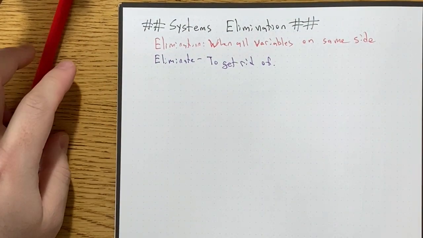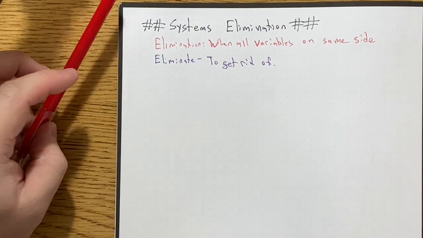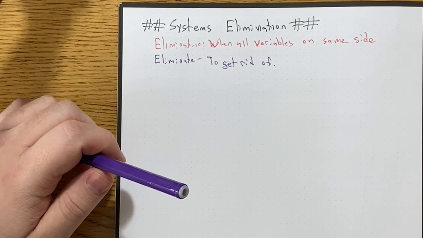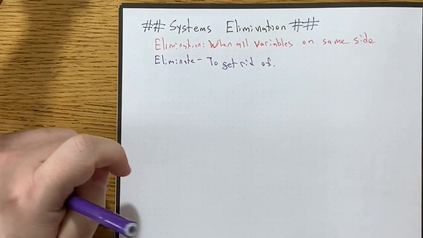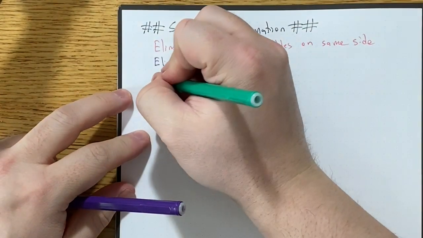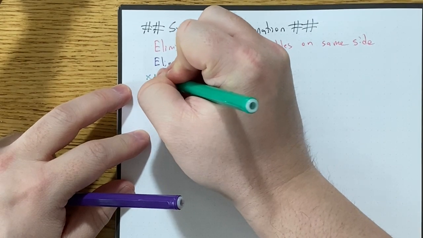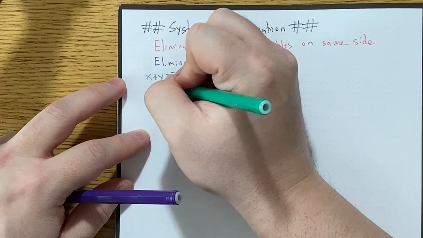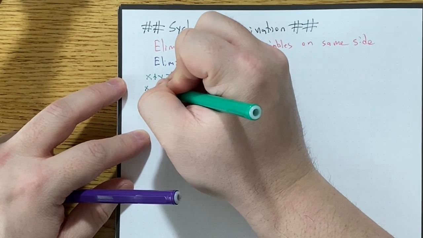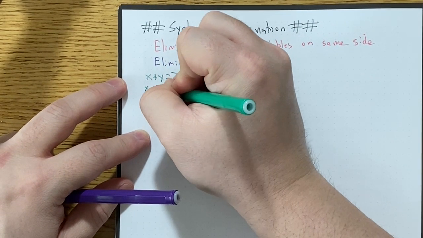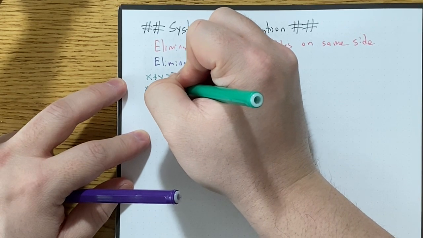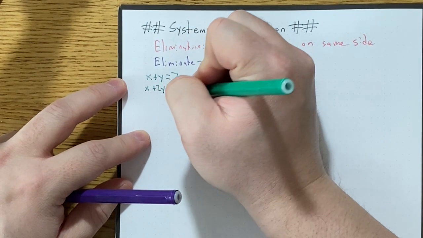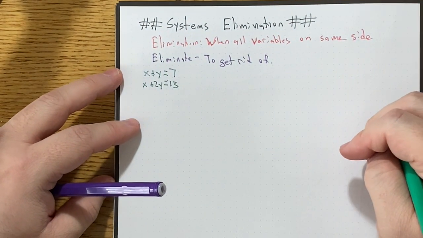So there's a couple different things that I'm going to have you try to memorize a lot. Basically, you're going to have equations that look something like this. And you see all those x's and all those y's, they're all on the same side.